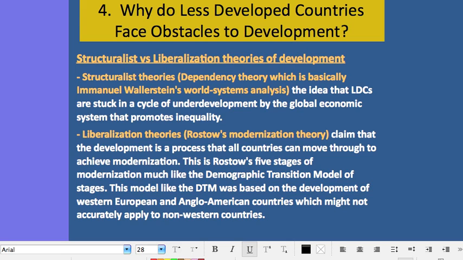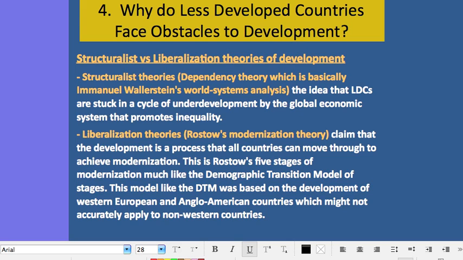And then liberalization theories, largely we'll look at Rostow's modernization theory, claim that development is a process that all countries can go through to achieve modernization, and that they are free, liberal, to do this. We'll look at the 5 stages of Rostow's modernization theory, much like the demographic transition model of the different stages that countries go through. Both of these models are based on the development of Western European and Anglo-American countries, which might not always accurately apply to non-Western countries.